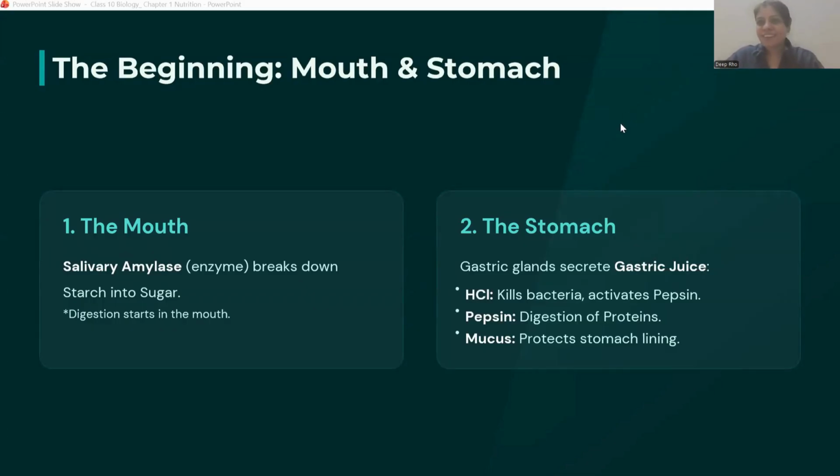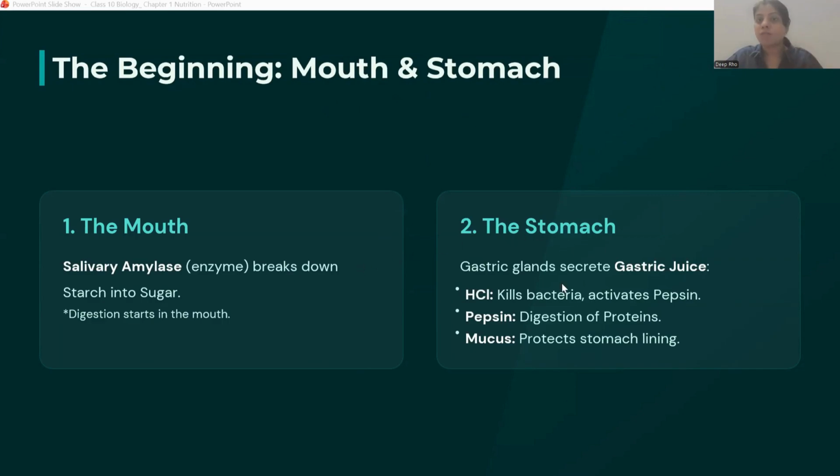Let's summarize the entire lecture within 5 minutes. See, the beginning, the mouth and the stomach. In the mouth, the enzyme secreted is alpha amylase, which converts a few percent of the starch, so digestion starts in the mouth itself.